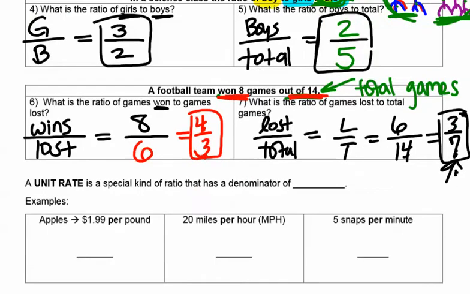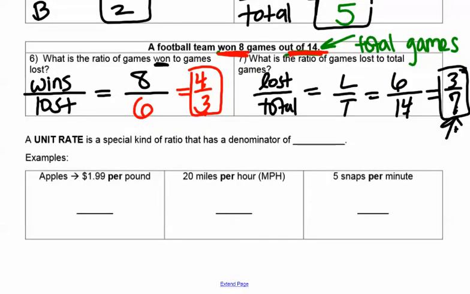All right. Last thing we're going to talk about in this set of notes is a unit rate. A unit rate is a special ratio that will always have a denominator of 1. Okay, a denominator of 1. So, some common examples of where you will see this in everyday life.